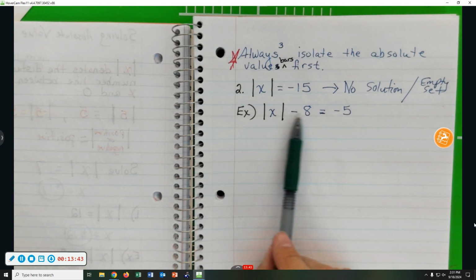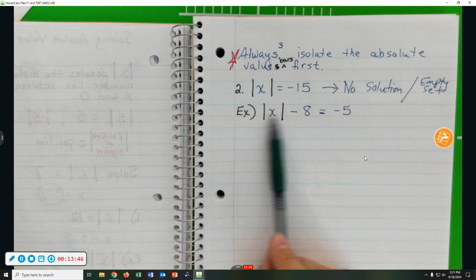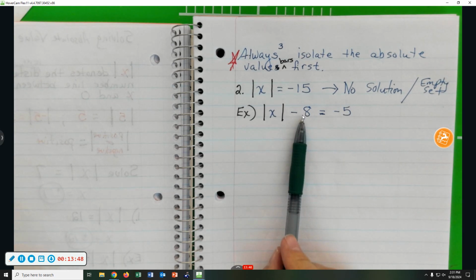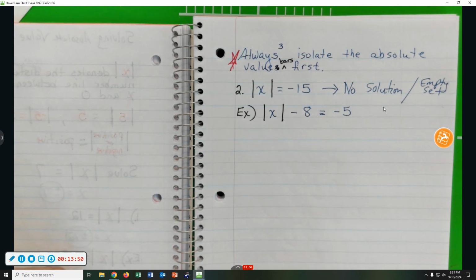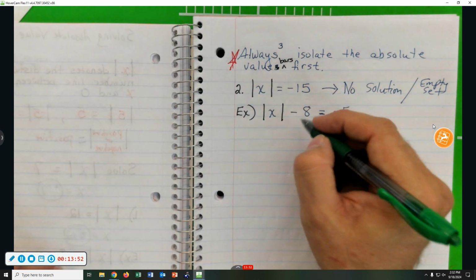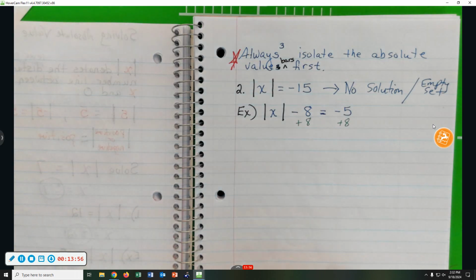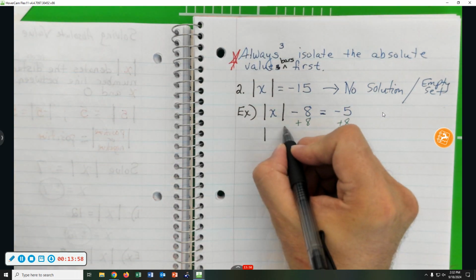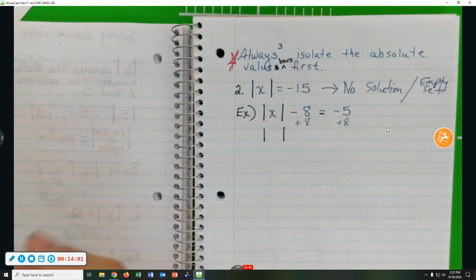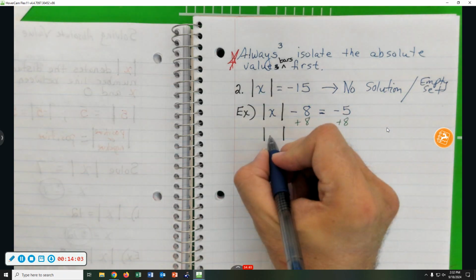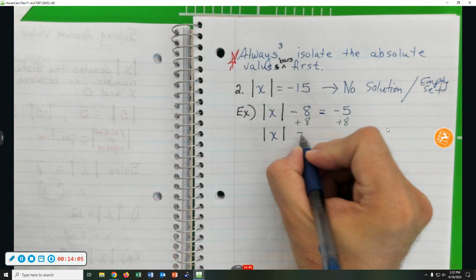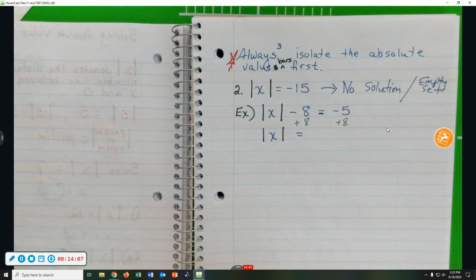There's only one correct answer to this question. That's the first step. Move that 8 over. You can either draw the arrow or do +8. And hopefully you'll see why I say it's important. If you're going to get the right answer, it's important that you isolate those absolute value bars.